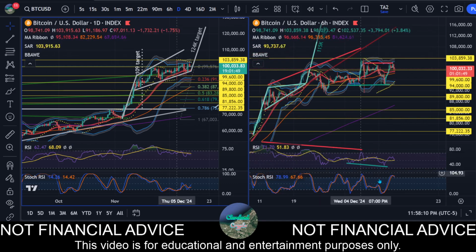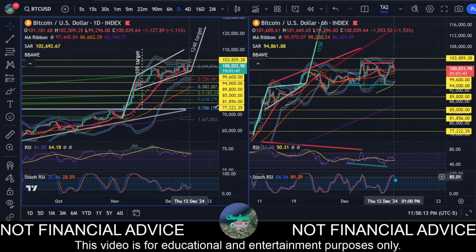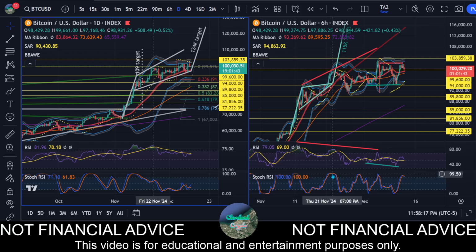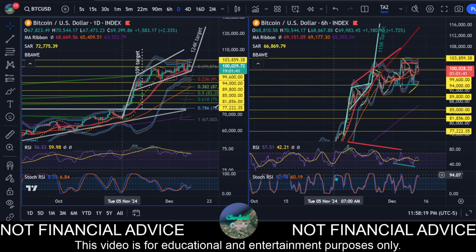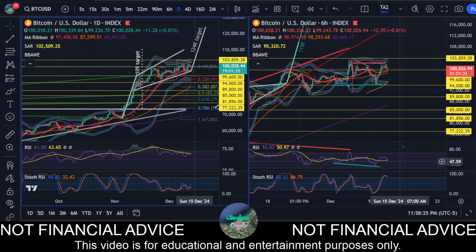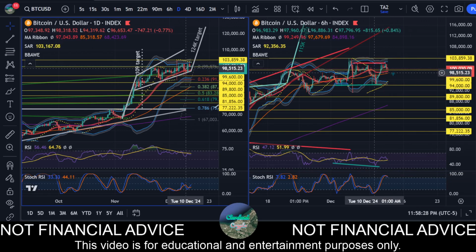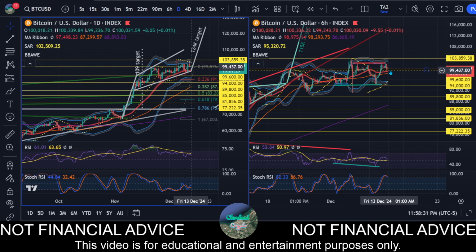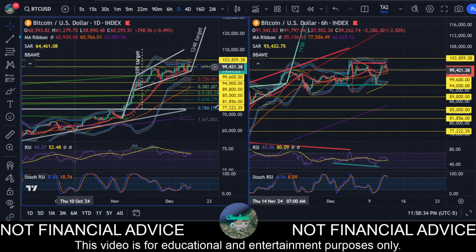So this could be an indicator that the Stochs here on the 6 hour are going to get stuck in overbought territory, as we've seen happen before. Not always, but it does happen. Now, if it does get stuck up there, that's what we want to see. That would show us that the bulls are going to take over and possibly put us up a little bit higher.